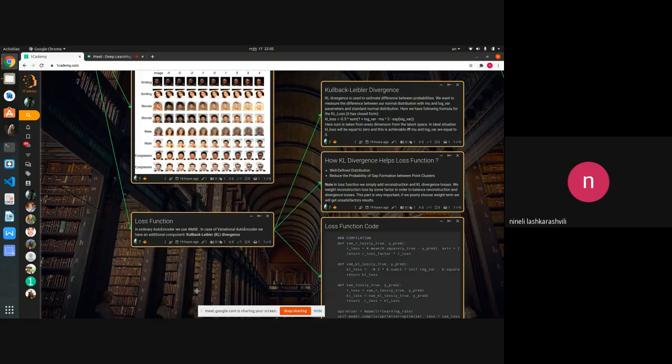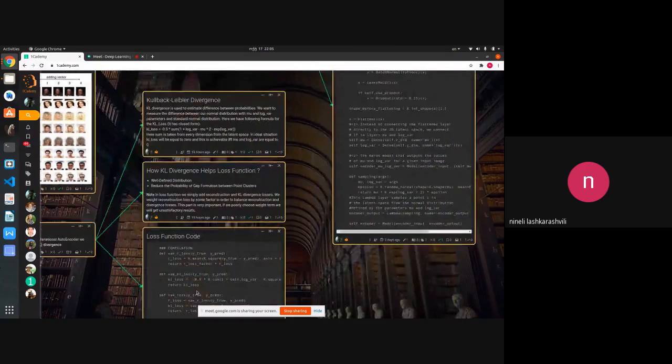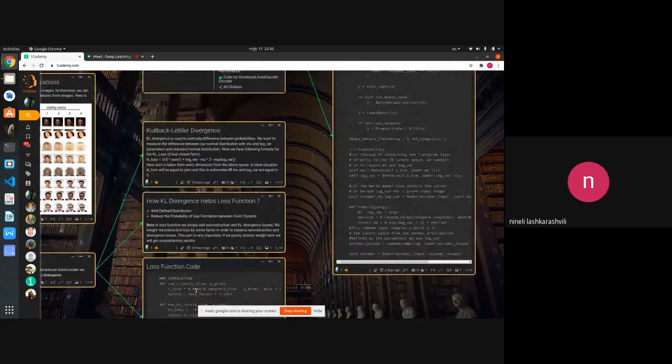So what is this Kullback-Leibler divergence? It is used to estimate the difference between two probability distributions. And here we want to measure the difference between our normal distribution with mu and log var parameters and the standard normal distribution. And here we have this formula in order to measure our Kullback-Leibler divergence loss.